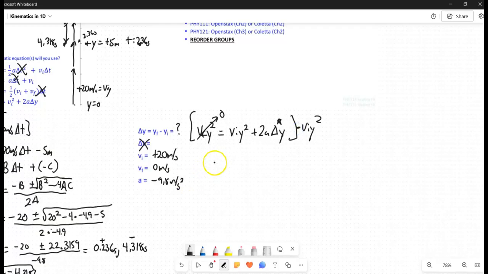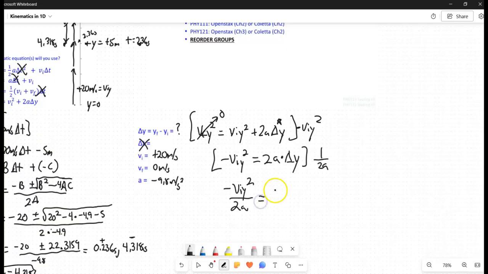When we do that, v initial y squared plus 0 is just v initial y squared. That's negative. Now 2a is being multiplied, so we have to divide 2a onto both sides, or multiply through by 1 over 2a. And when we do that, we get 2a down here. And that's equal to delta y.